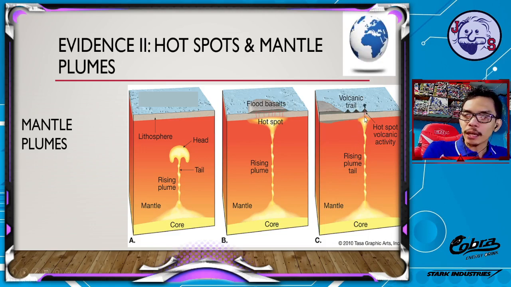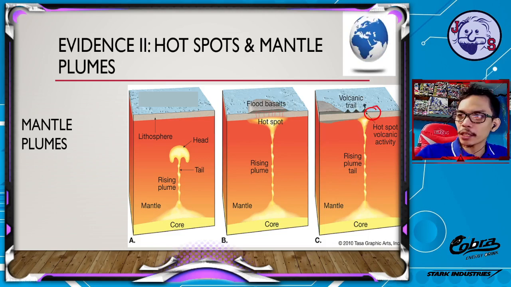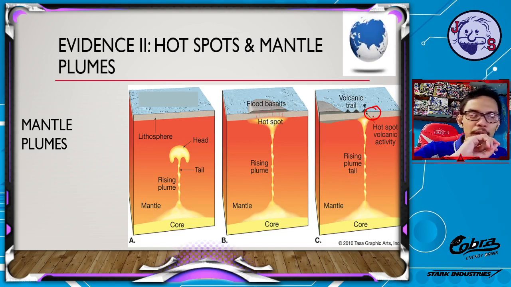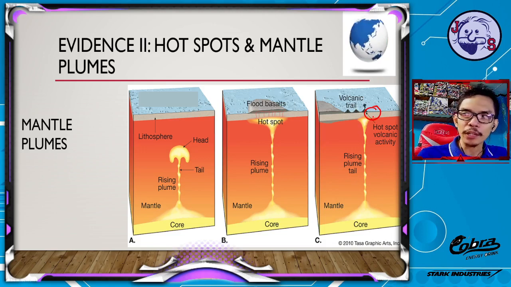In some cases, when the lithosphere moves over this particular spot, it will give rise again to another volcano and supply it with mantle materials, which will eventually be ejected out in the form of a volcanic eruption. So that is how a volcanic hotspot or hotspot volcano is formed.